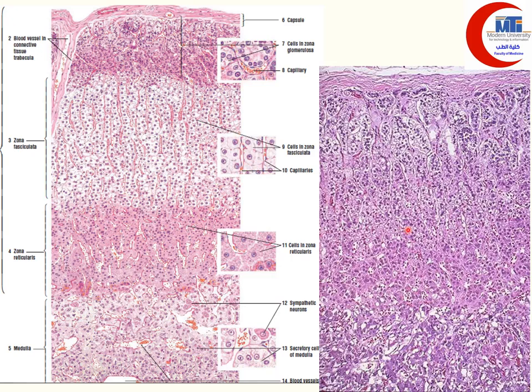This is also a light microscopic picture of the suprarenal gland, showing the gland covered by capsule, and this part zona glomerulosa, and this zona fasciculata, zona reticularis, and the medulla.